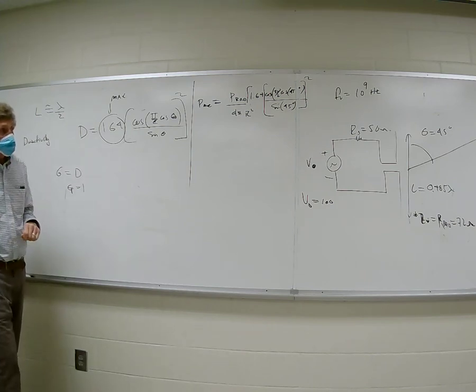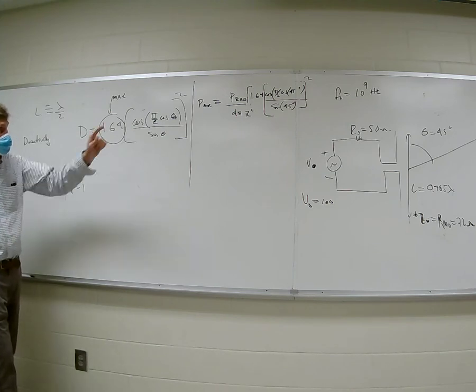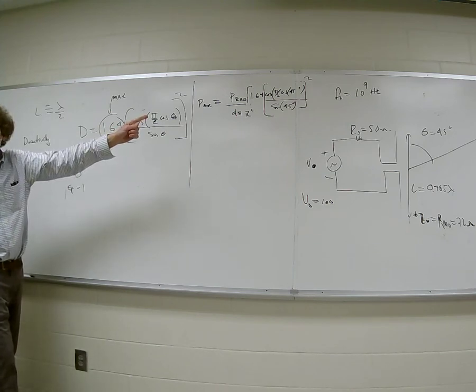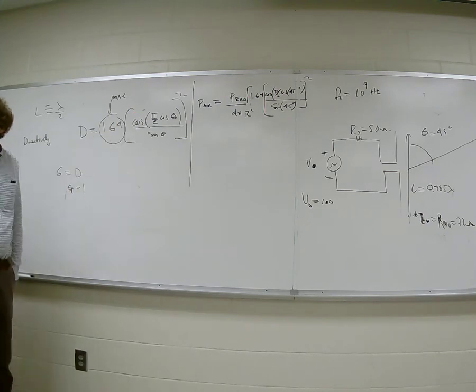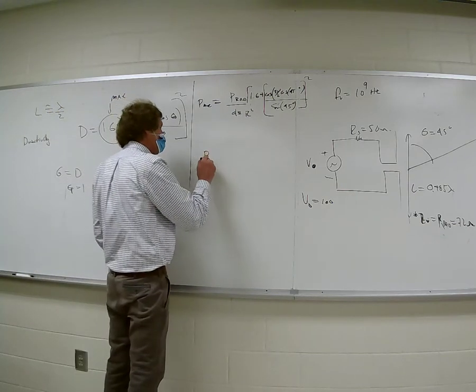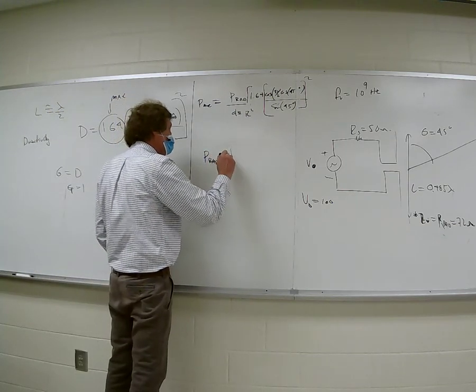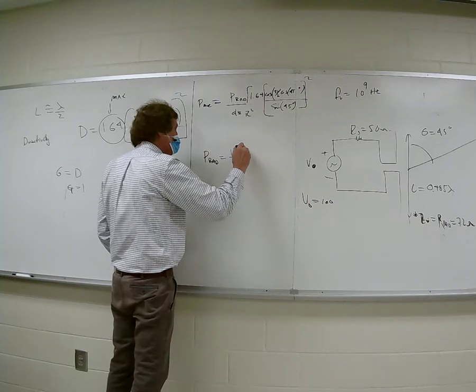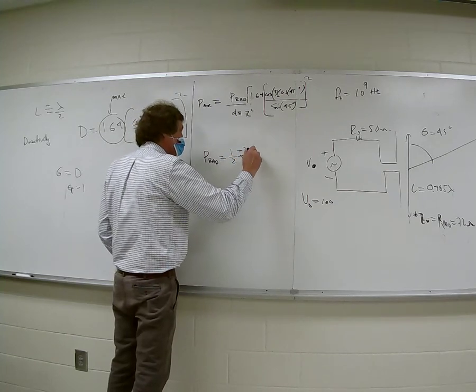Getting back to this, I need the power radiated. So how do I get the power radiated, anybody? What's the thing that really gives me the power radiated? P radiated is equal to 1/2 I naught squared times the radiation resistance, right?